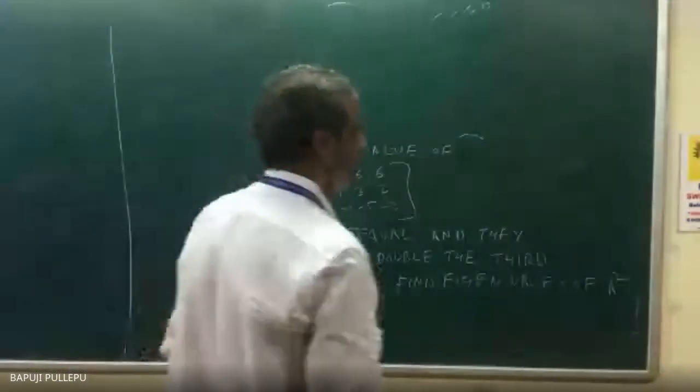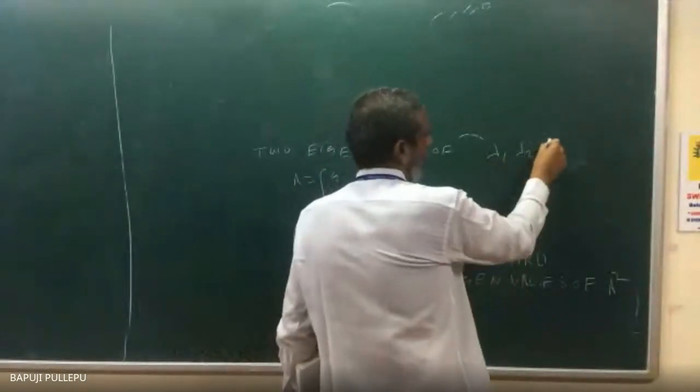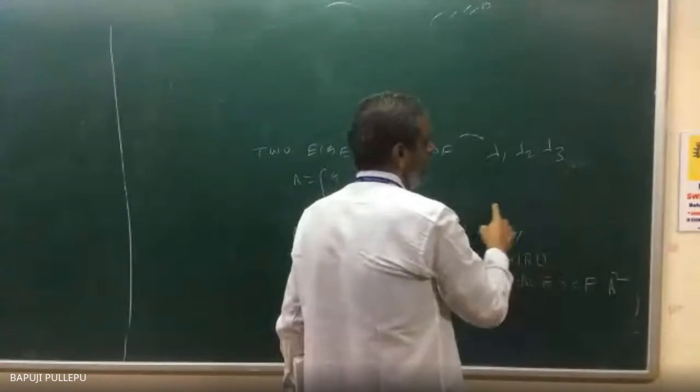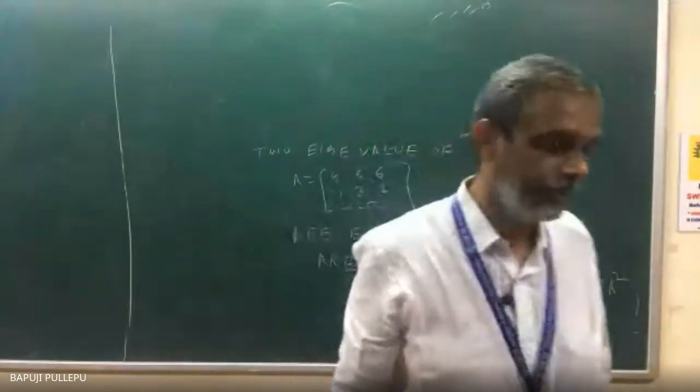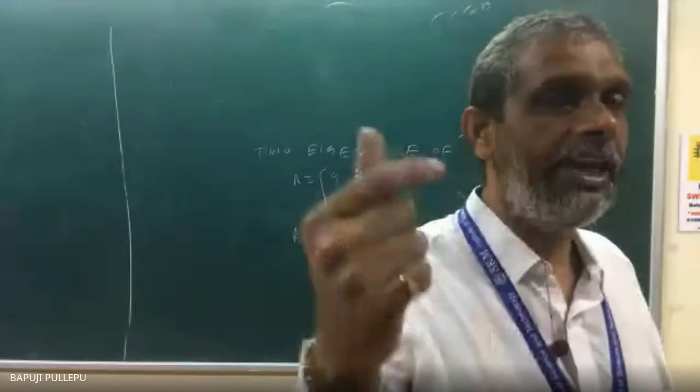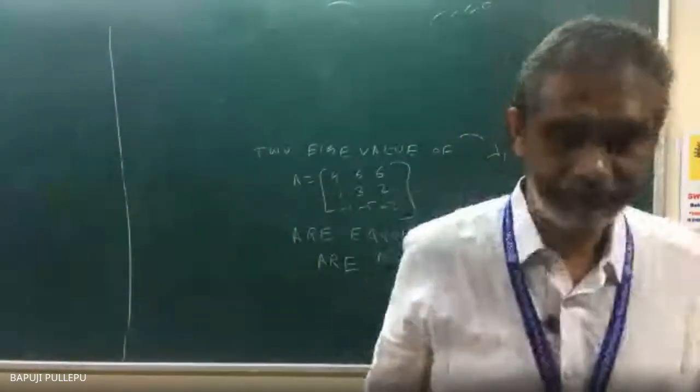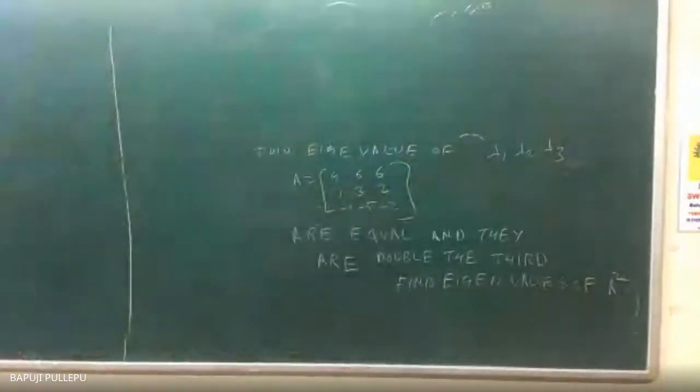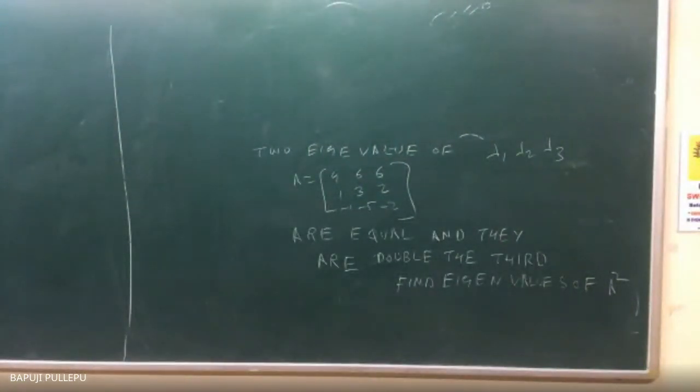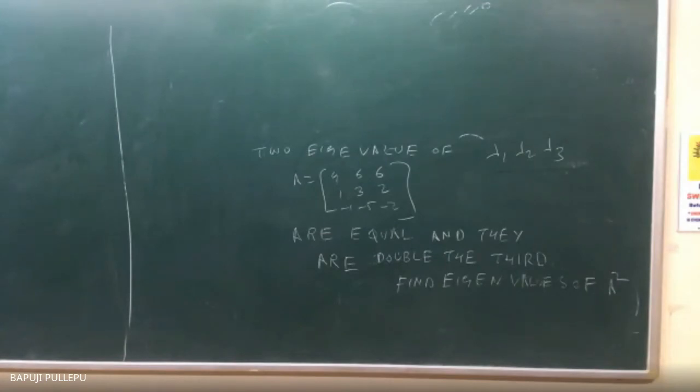Forget about it. Suppose you take lambda 1, lambda 2, lambda 3. Now you can tell all in terms of lambda. The condition is that two eigenvalues are equal and they are double the third one.